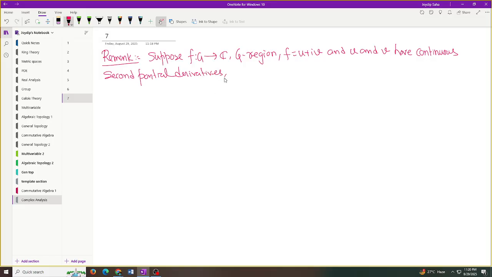Then from the Cauchy-Riemann equations we get the second derivative relations.